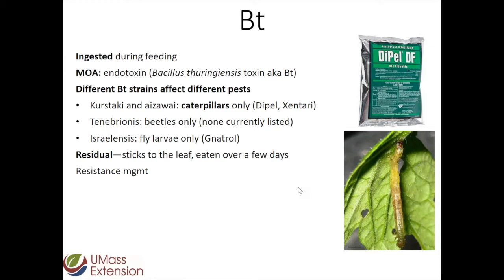And it's slightly different from BT because when we're talking about BT, we're really talking about the toxin produced by the bacteria. And with the biopesticides, they're kind of one step removed. They're the actual organism, or sometimes also compounds that the organism makes to kill other insects.